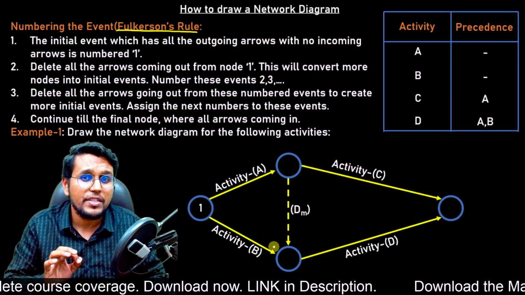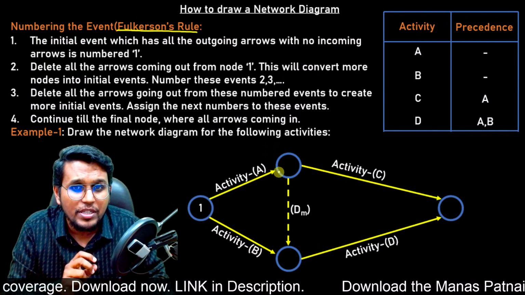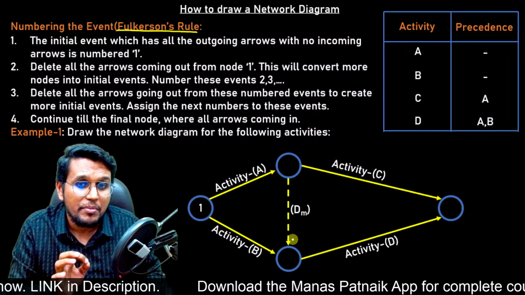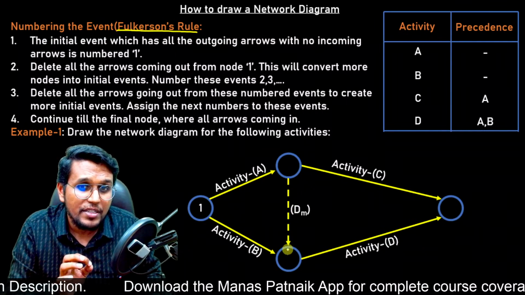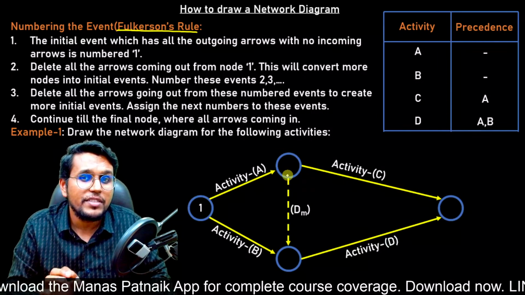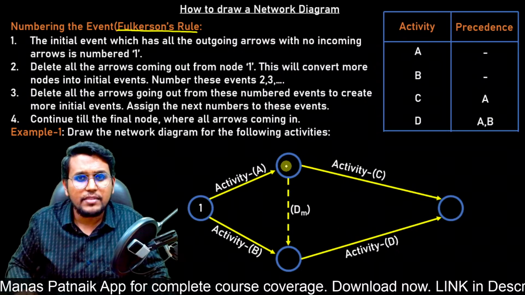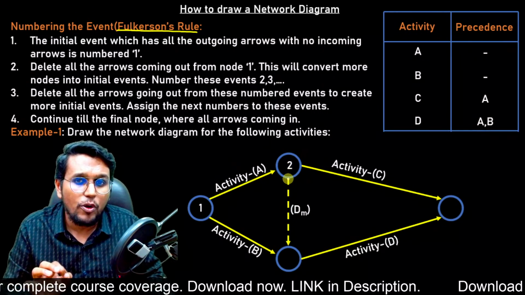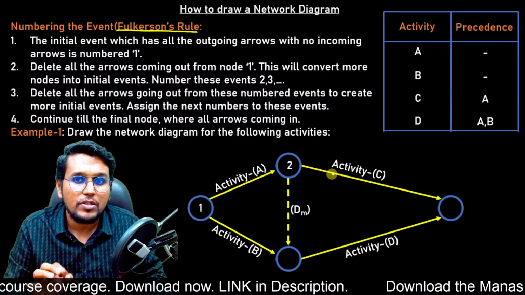So what happens after this? After this, we have one more initial event, which is this. This is not an initial event, remember, because the incoming arrow is here. Only this one is an initial event, so we will name this number 2. Now, as we move ahead, we will delete all the outgoing arrows from node 2.